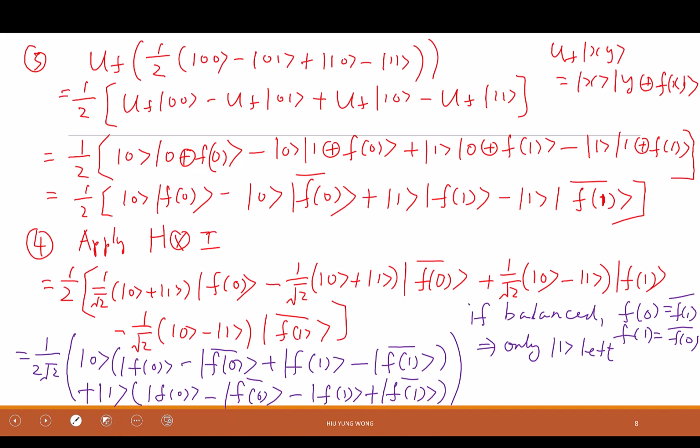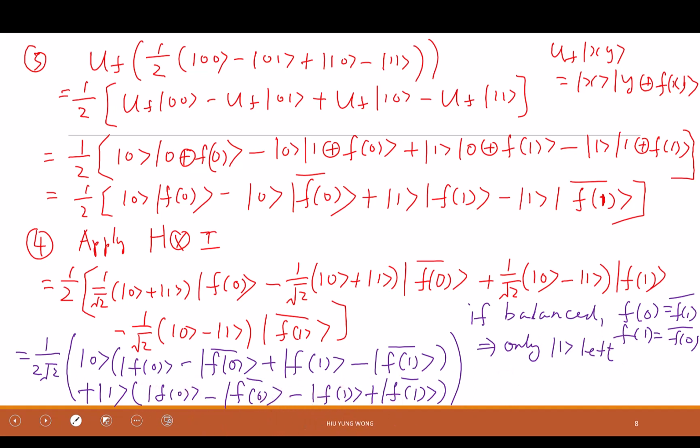So if it is balanced, I showed you that F0 must be equal to F1 bar. So F0 minus F1 bar, gone. F0 bar equal to F1, cancel, gone. Here, if you go through the math, you see that this is non-zero.